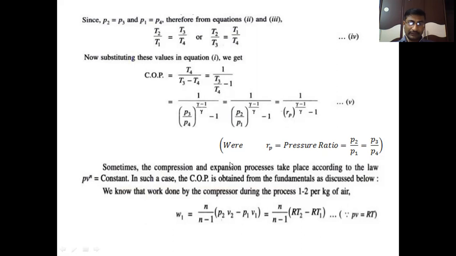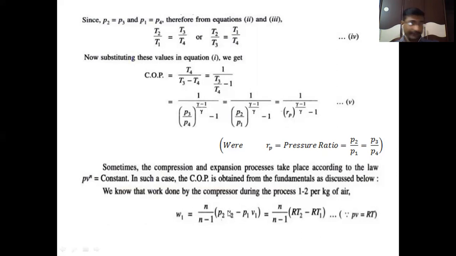We know that the work done by the compressor during the process 1-2 per kg of air is W1, equal to n by n minus 1, P2 V2 minus P1 V1. This is the equation to calculate the work done on the compressor.